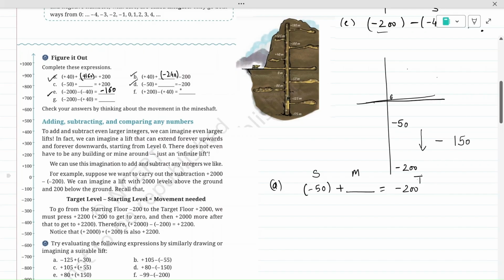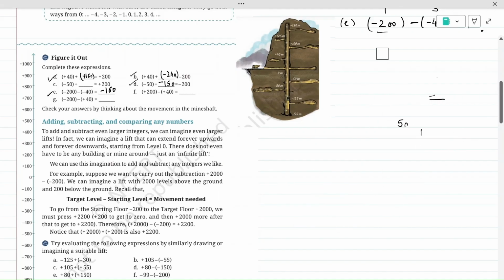Okay, so we will get minus 150 here. Easy. So kids, now I think these questions should be clear to you. We have to use the same formula everywhere here. Okay. Now let's move further and try the next questions.